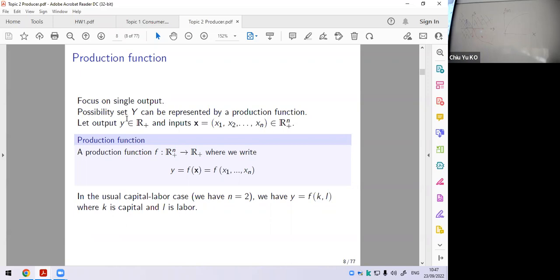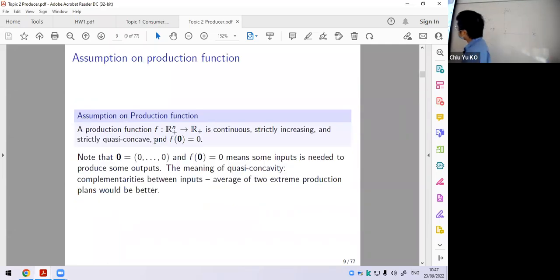That is usually used in a lot of macro or trade calculations. Here is the assumption I want to make: we assume the production function is continuous, strictly increasing, and quasi-concave, and you can't produce something from nothing. So if you have nothing, then you get nothing.